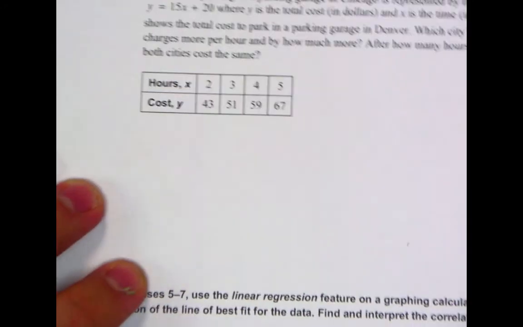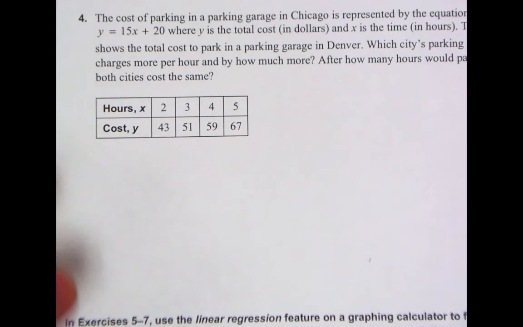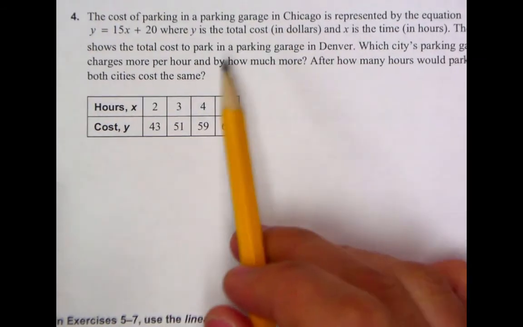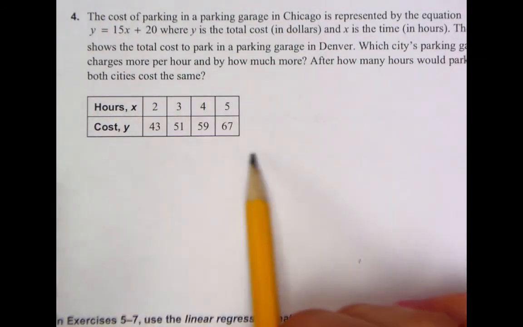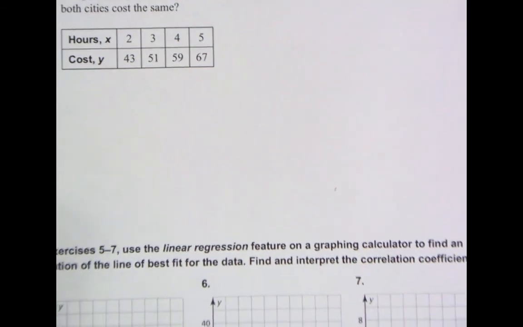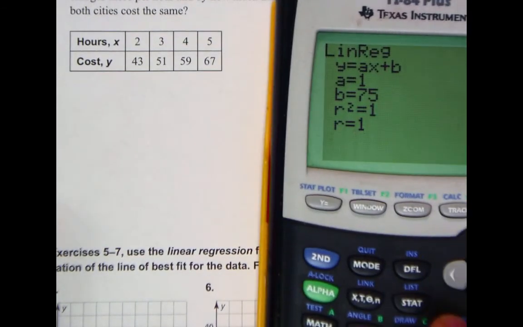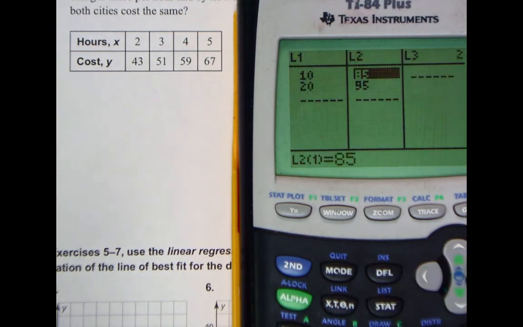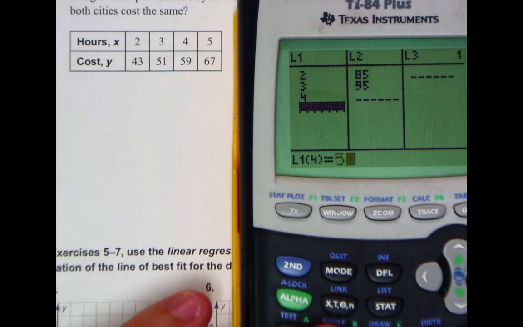And we could even use this for multiple points. You can use this for an infinite amount of points. Now we're not going to do this question as it's written, but I just want to show you that you can do the same thing with even larger amounts of numbers. So let's do those ones. So again, I'm going to plug these into StatPlot, go to Edit, and I'm going to place these on. The x's are 2, 3, 4, and 5.